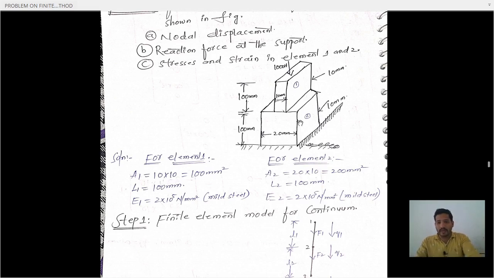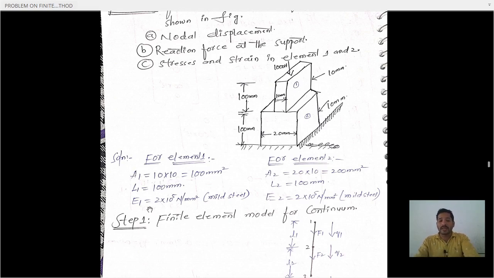It is given here, and the thickness of this block is given as 10 mm. The modulus of elasticity of the mild steel, because the first block as well as the second block are made of mild steel, remains the same. For that reason the Young's modulus value remains the same for the first element as well as the second element.